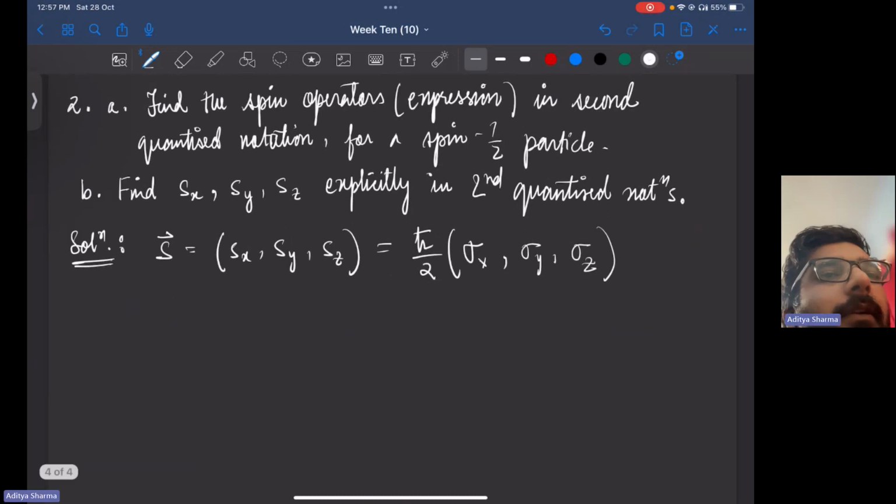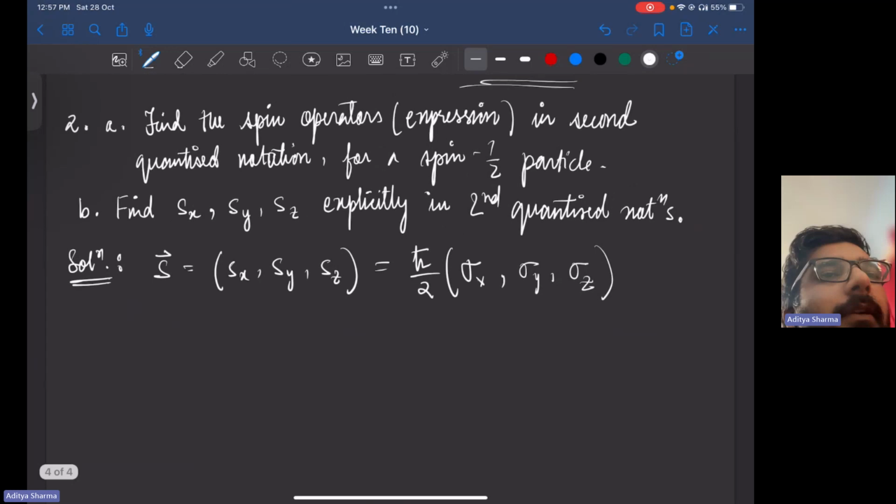Now what we want to do is some kind of second quantization, or some kind of a Fourier transform in this case. Whenever we go to second quantized notation, I just want to remind you, suppose we have got psi, which is in position space.